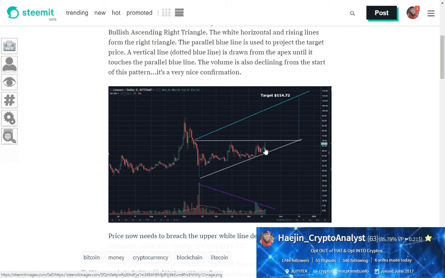A, B, C, D, E sitting here, I knew that the next wave would be breaching the upper horizontal line. And I had then set a target of 114.72 by drawing a line parallel to the rising line. At the apex, where the two lines cross, I then drew a vertical line until it meets the parallel line, and I read the price of that, which is 114.72.